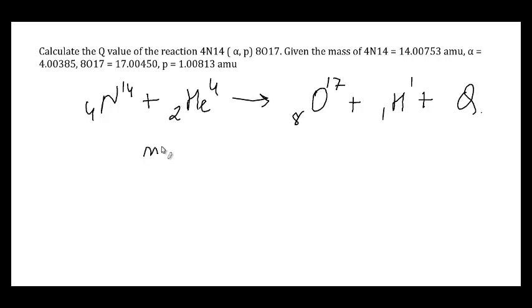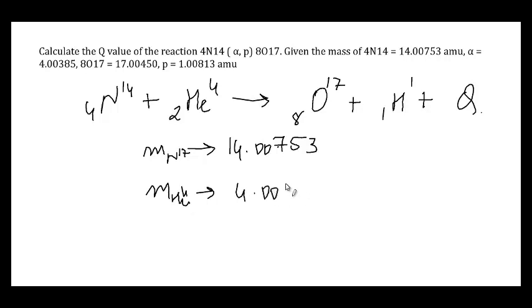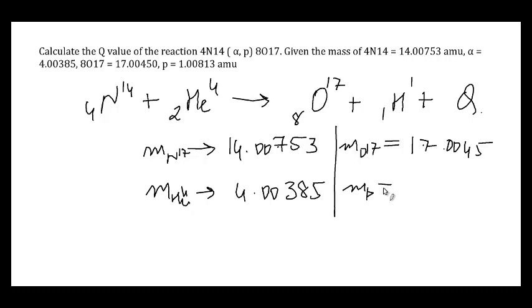You have been given the mass of nitrogen, which is 14.00753, the mass of helium 2He4 is given as 4.00385, the mass of oxygen 17 is given as 17.0045, and the mass of the proton, which I can directly write as MP, is given as 1.00813.